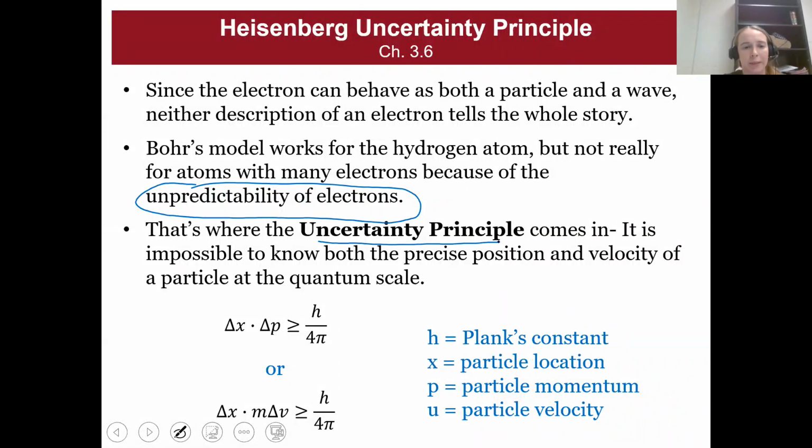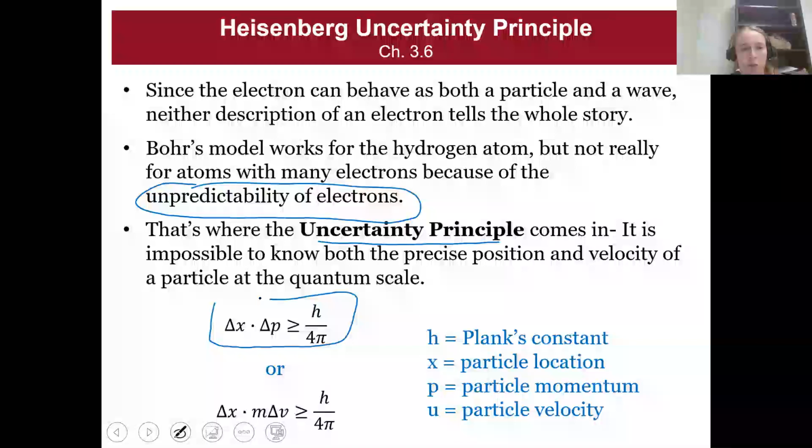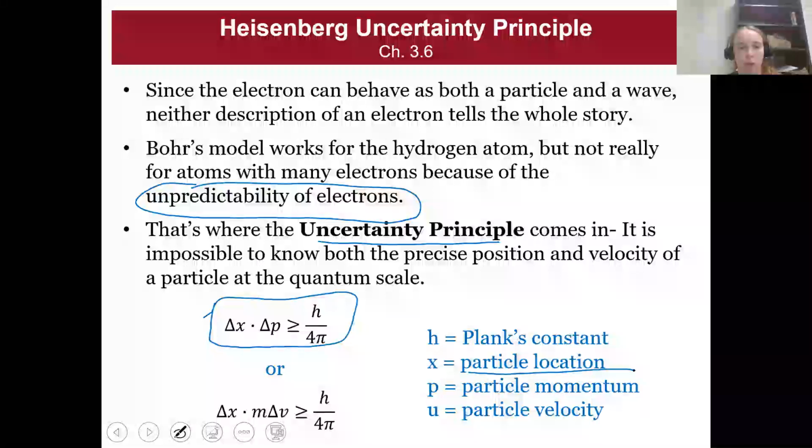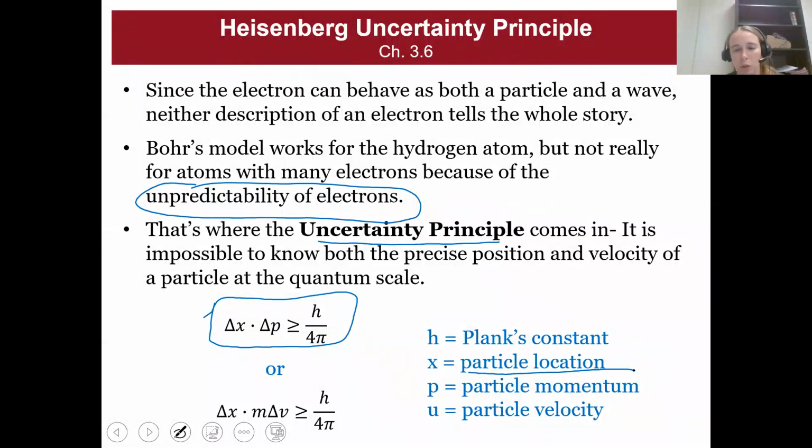So how do we write that? This is the algebraic, or formula, definition for the uncertainty principle. x is our position or location, the particle location, and the delta just says that it's a change in location, so you don't know it precisely. What you know about the change in the location of the particle or electron is often what we're talking about.